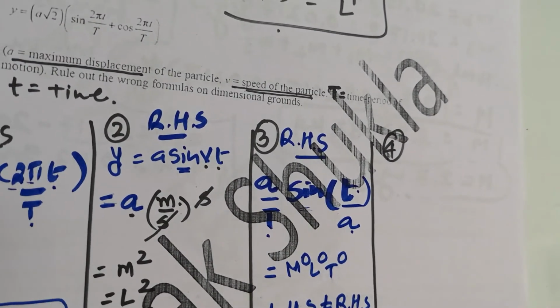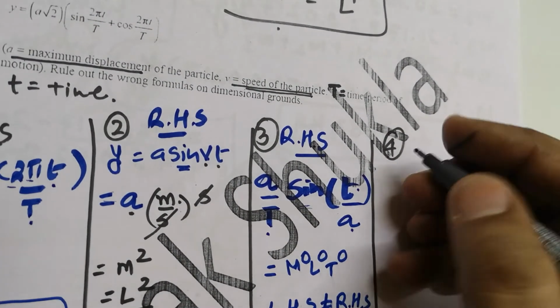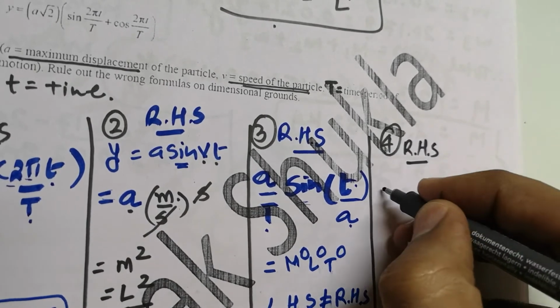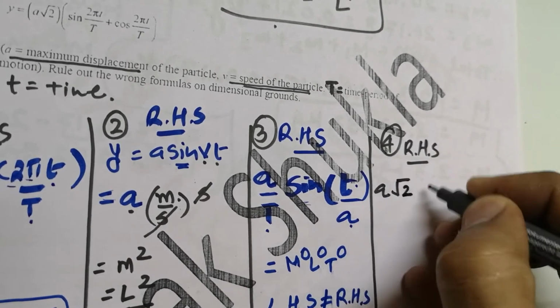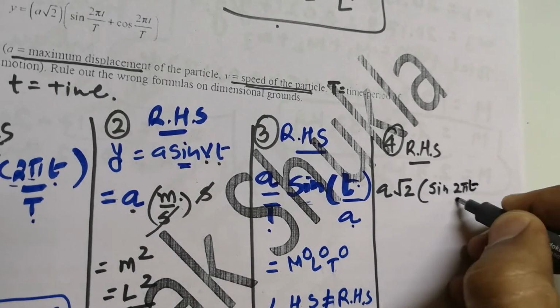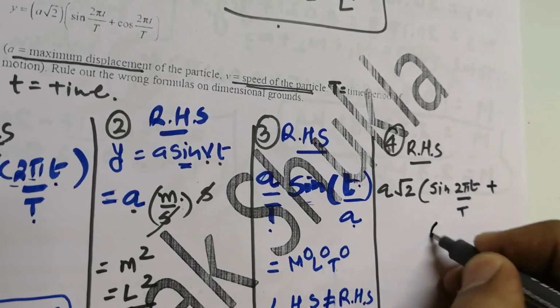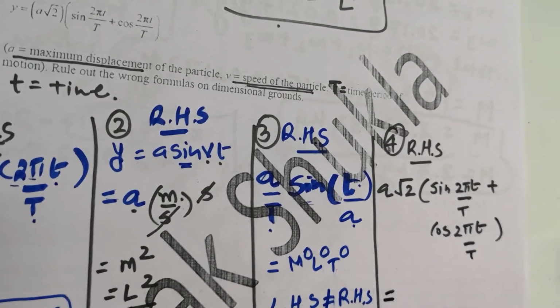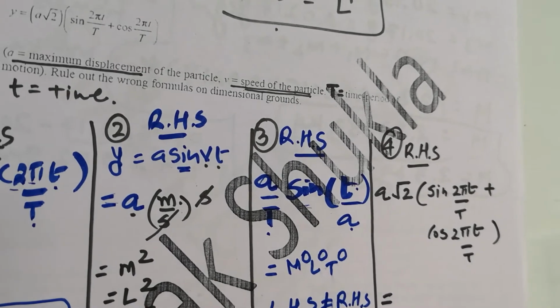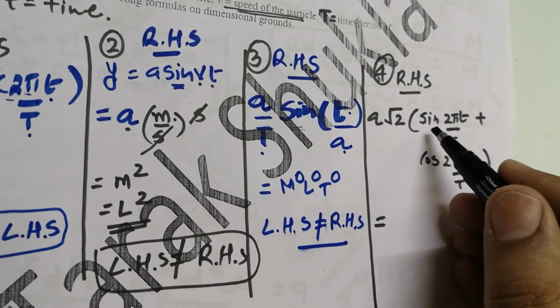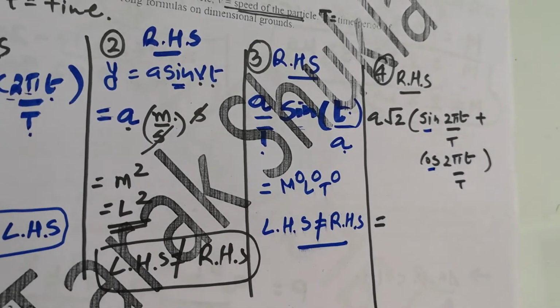The fourth one has the right hand side A multiplied by root 2 into sine 2 pi t by T plus cos 2 pi t by T. Now you can see that sine and cos, when we are finding it out, it is called a limitation of dimensional configuration.